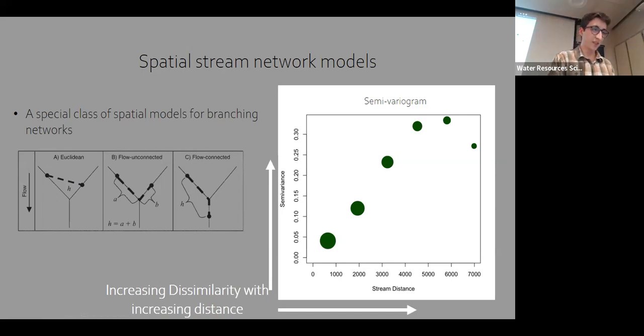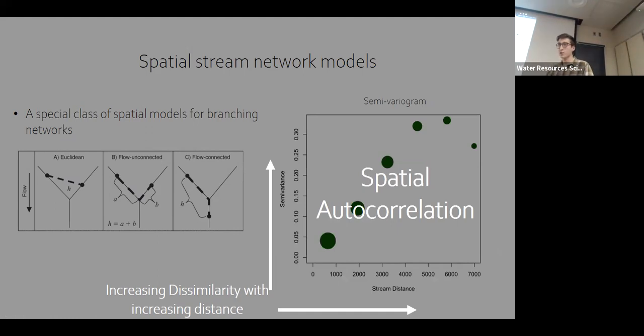And so that means that there's spatial autocorrelation in what we're measuring in the stream. And we need to account for that because the whole idea here is to use our in-stream measurements to inform on what's happening on the landscape, not these processes that are happening within the stream.